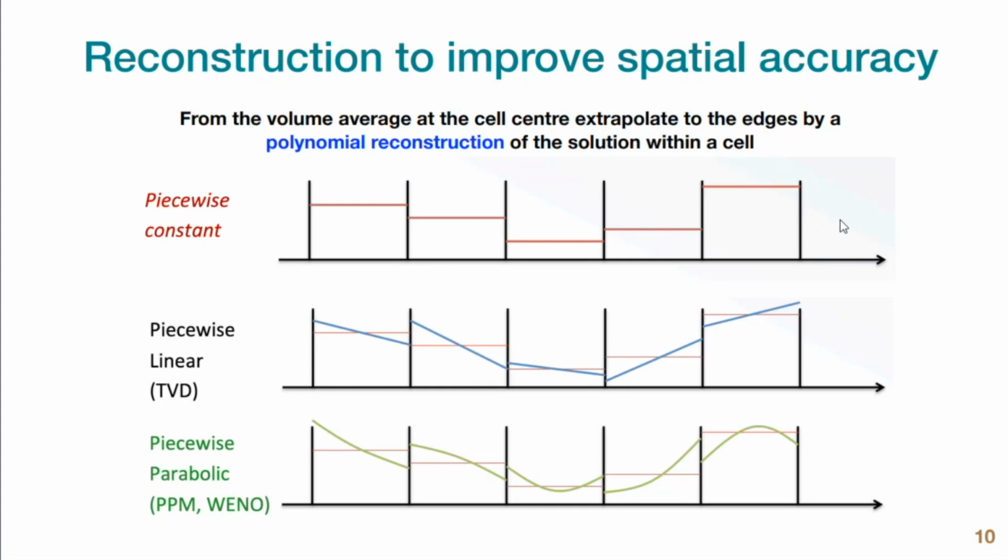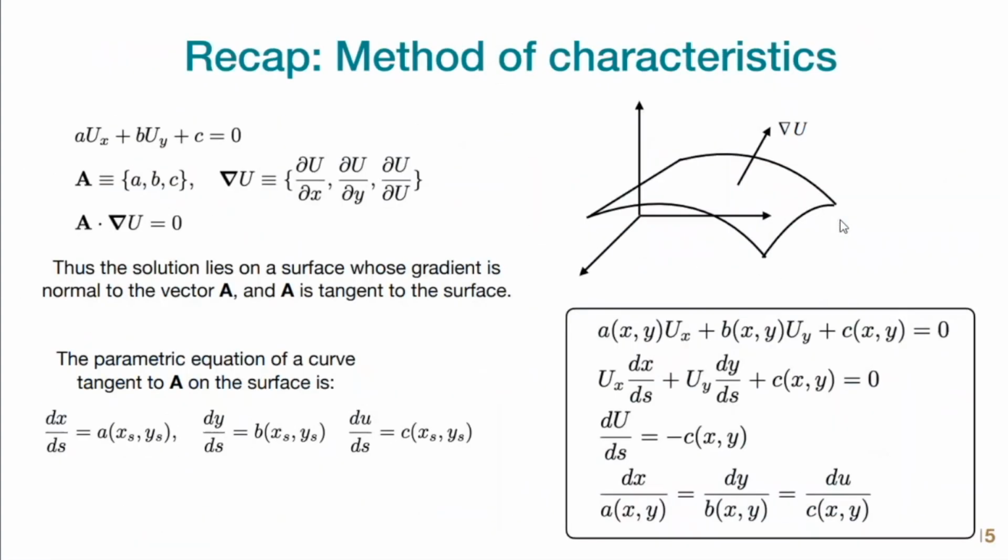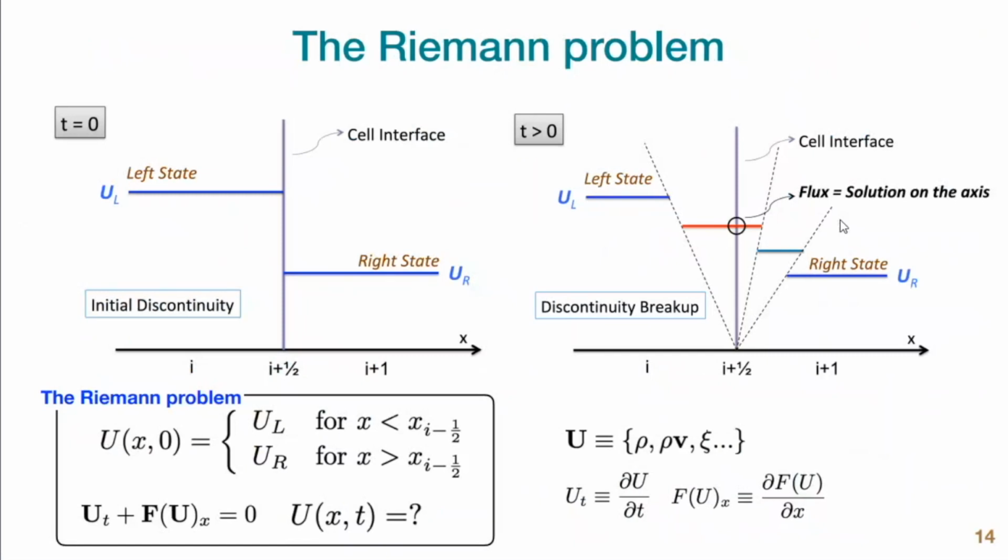But the Riemann problem which we define has a constant value on one side and a constant value on this side. No, it's not piecewise constant. This is a value at the left edge.